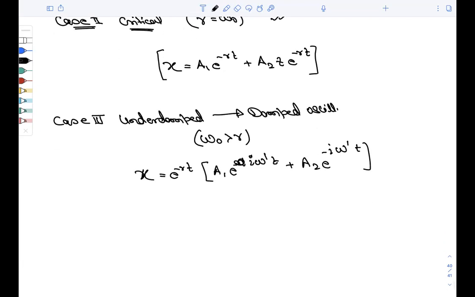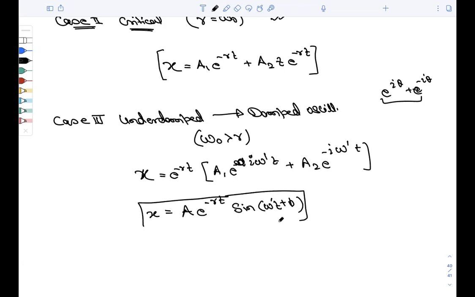If you solve it further, with e to the power i theta plus e to the power minus i theta in Euler form, it will give you sine theta. So it will become some constant times e to the power minus gamma t sine of omega dash t plus phi, with some phase. So this will be a periodic motion.